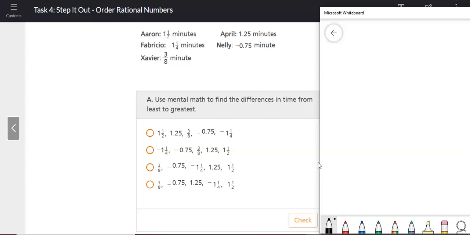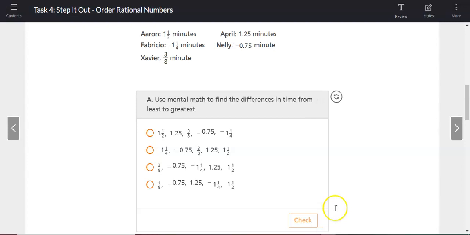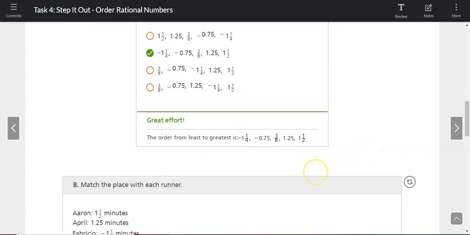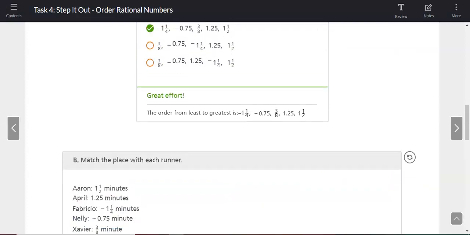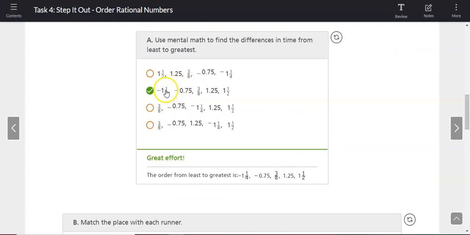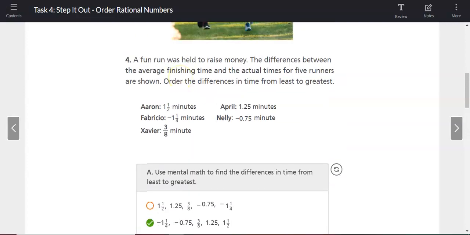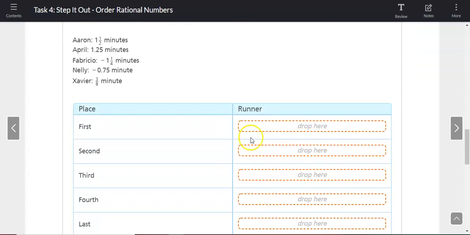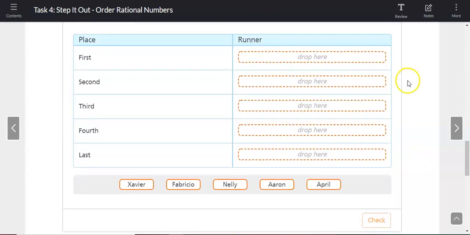So they're asking us to go from least to greatest. And in this case, with the answers they gave you, it made it quite easy because the least has to start with negatives, and the only one that starts with negatives is that one right there. So they kind of simplified the answer down for you. So -1 1/4. That was Fabrico. So Fabrico got first place.